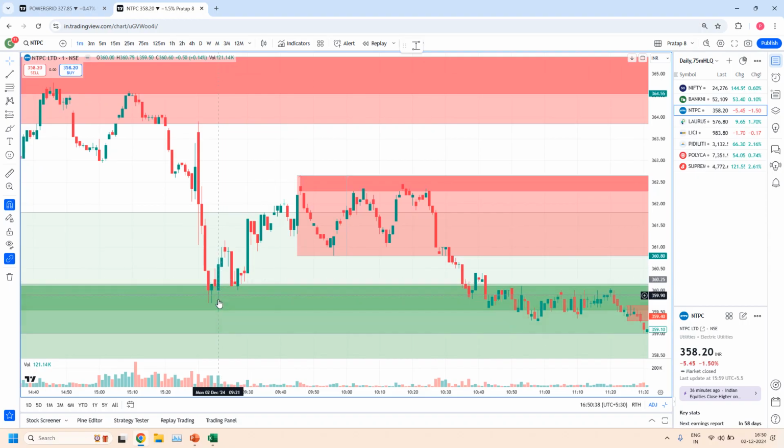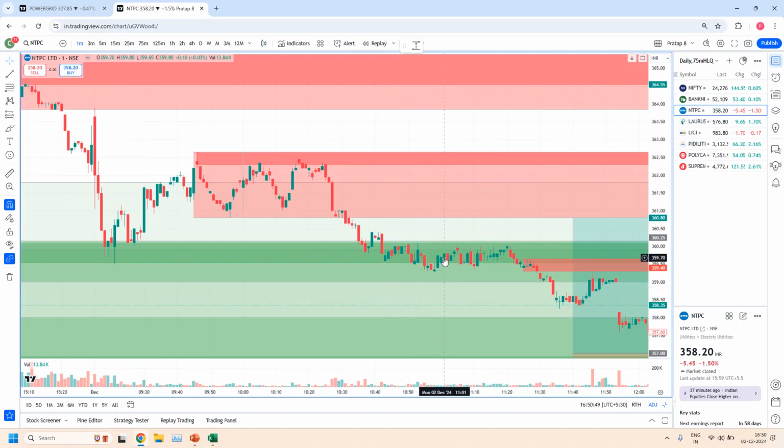Because this zone is pierced, this order flow has gone. Next time this zone will be violated easily. See, the zone is easily violated. Maybe institutions are trying to add some demand, that means long orders, and bears are adding short orders.